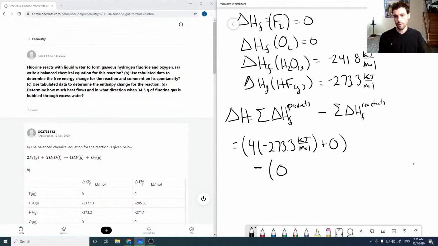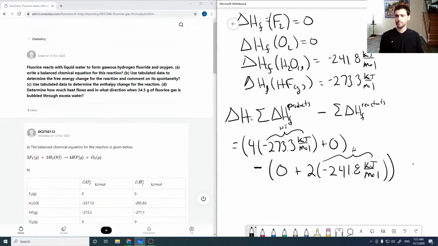So that's 0 for fluorine gas, and 2 times minus 241.8 for our water. So that's our HF, and that's our water there. And if we work this all through, then we get minus 609.6 kilojoules per mole.